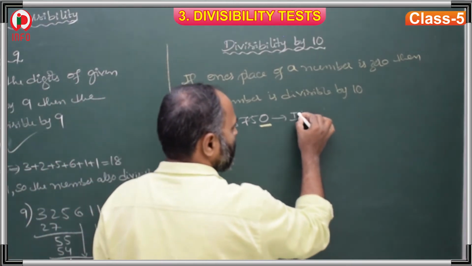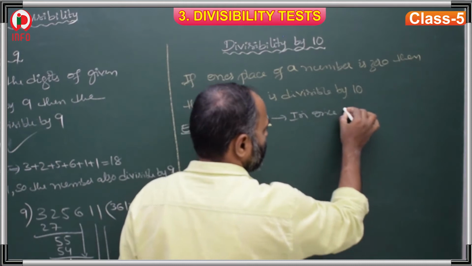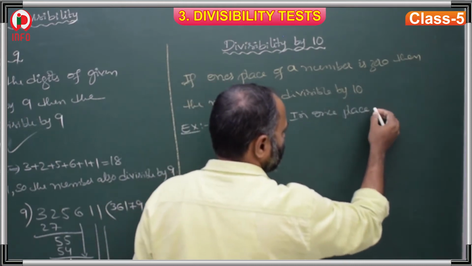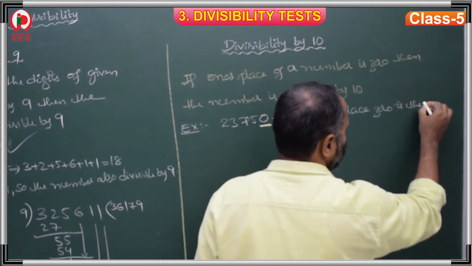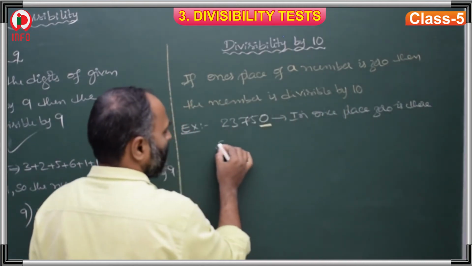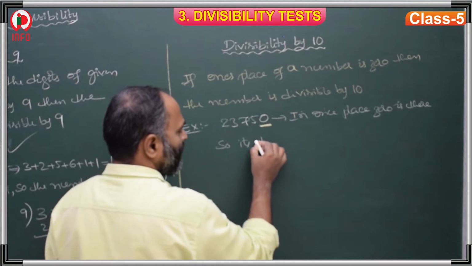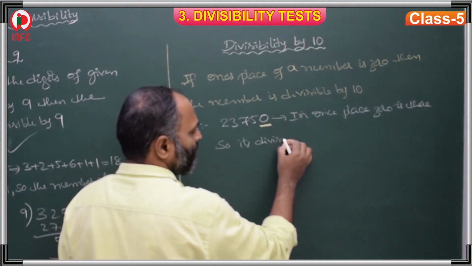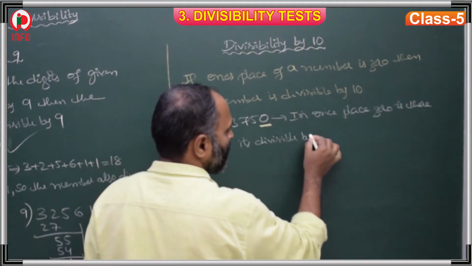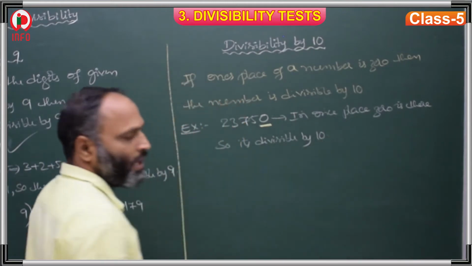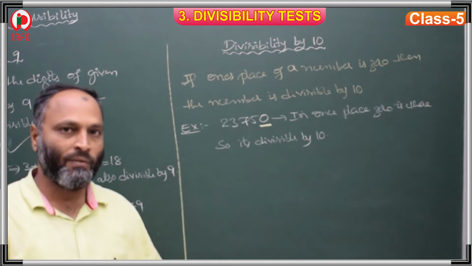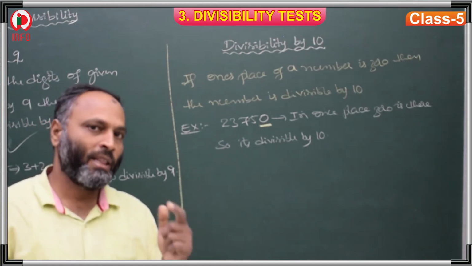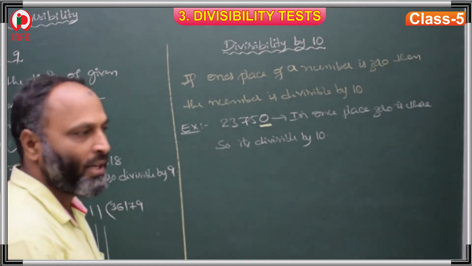In the ones place zero is there, so it is divisible by 10. If in the last place, that is the ones place, 0 is there, then the number is divisible by 10.